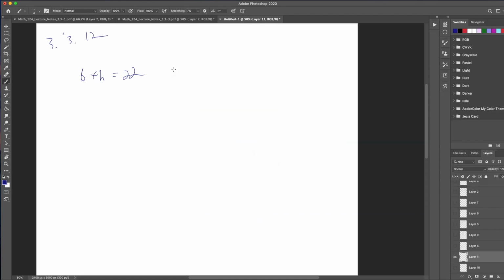So here I'm going to solve. I'm going to say base is equal to 22 minus the height. The reason I solve for this is that 1/2 base times height is the area of my triangle, and I want to maximize this. I know what b is, so it'll be 1/2 times 22 minus h times h.